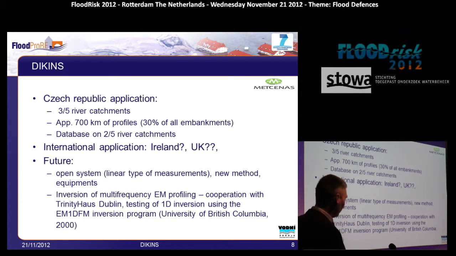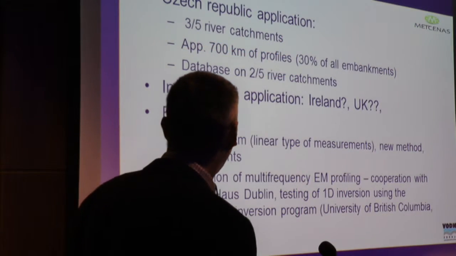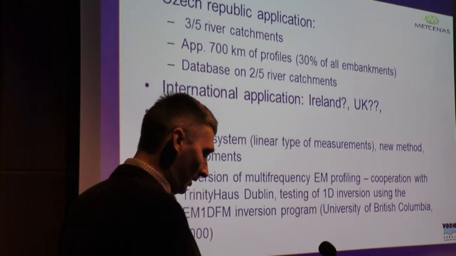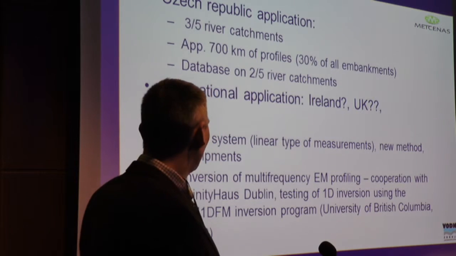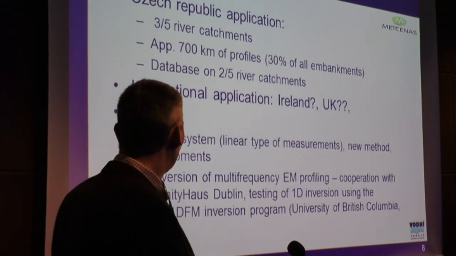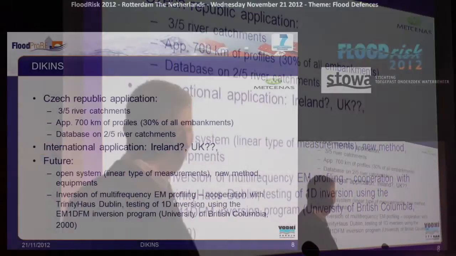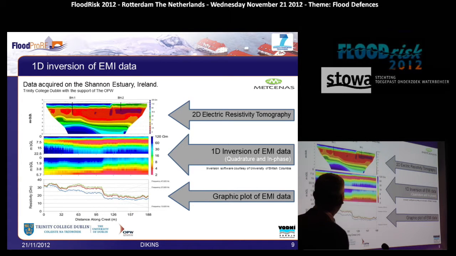A few words about the future of this system. We would like to hold this database and system as an open system for all types of linear measurement, new methods and new equipment. And we are also working in cooperation with colleagues from Trinity College Dublin on inversion of EM measurements. There are some examples of what it means.